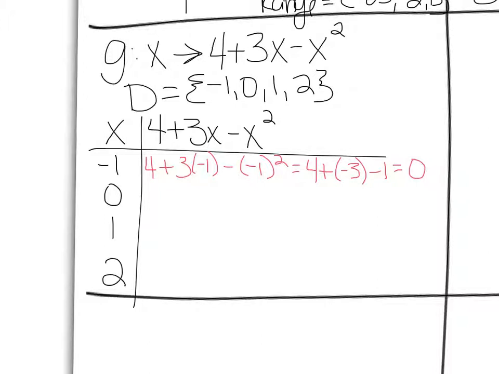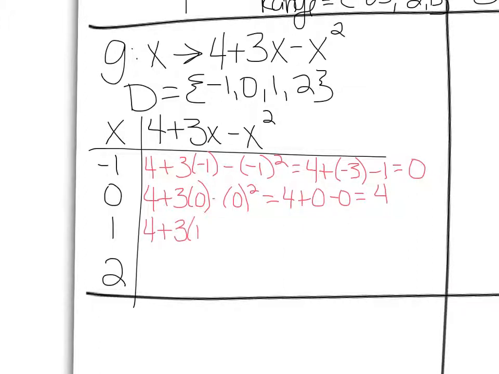Okay, when I plug in 0, I have 4 plus 3 times 0 minus 0 squared, which gives me 4 plus 0 minus 0, or just 4. When I plug in 1, I have 4 plus 3 times 1 minus 1 squared, which gives me 4 plus 3 minus 1, which is 6.